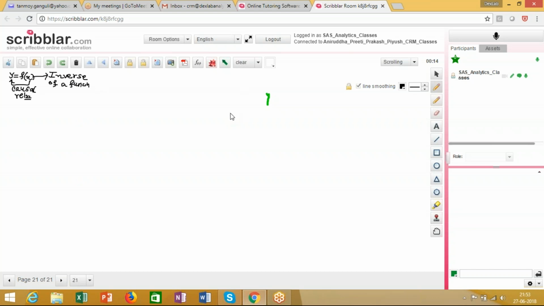The inverse of a function is not the reciprocal of a function, right? This is often confused. People often confuse the inverse and the reciprocal of a function.